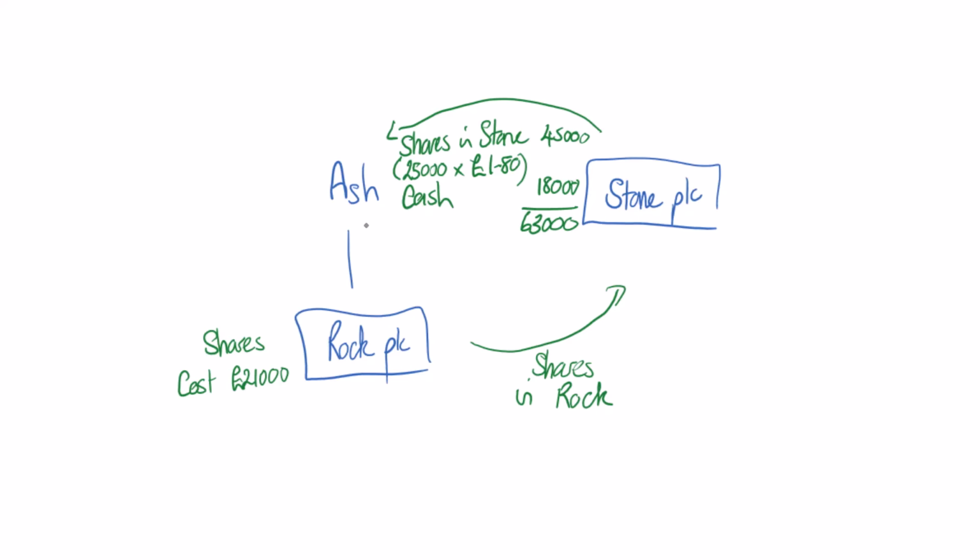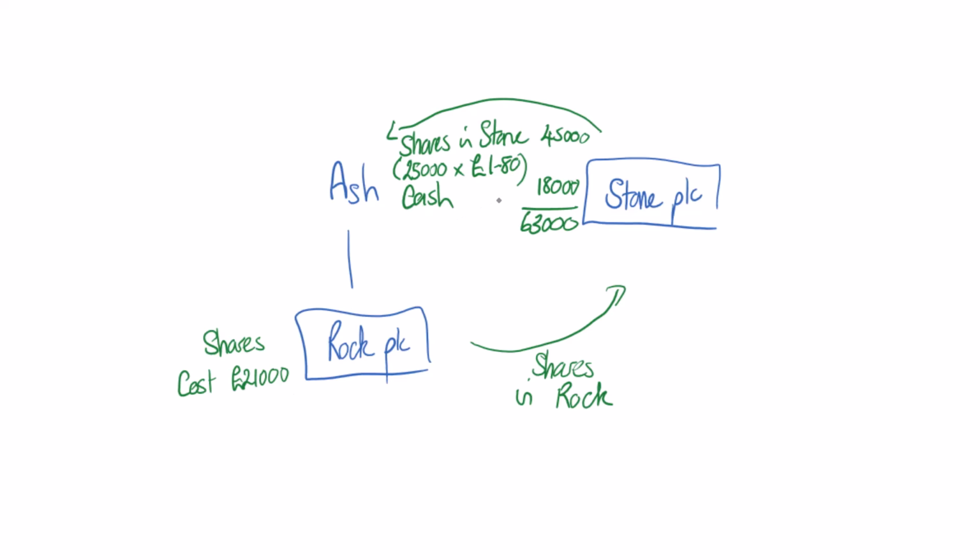However, she's received a mixture of cash and shares, and the shares, of course, are not cash assets. They're no good for paying the capital gains tax. So the rule is that we're going to step in the shoes. The shares in Stone will take over part of the original cost of the shares in Rock, and there won't be a gain on those until they're eventually sold.